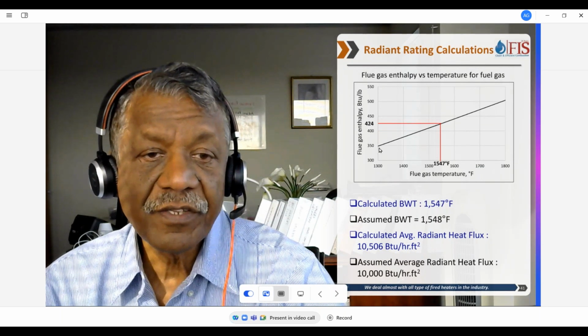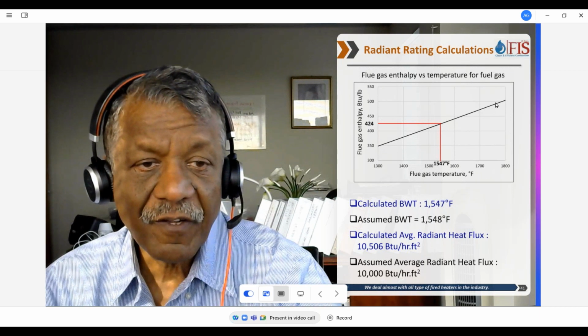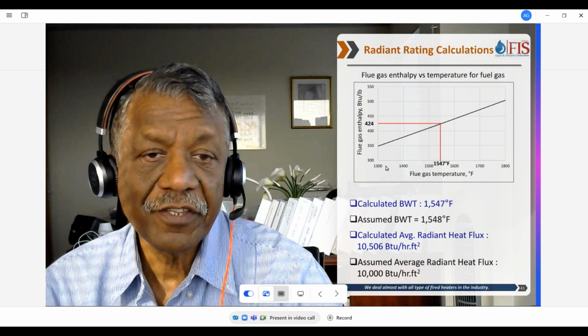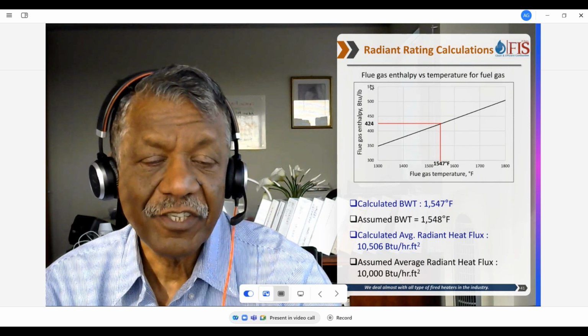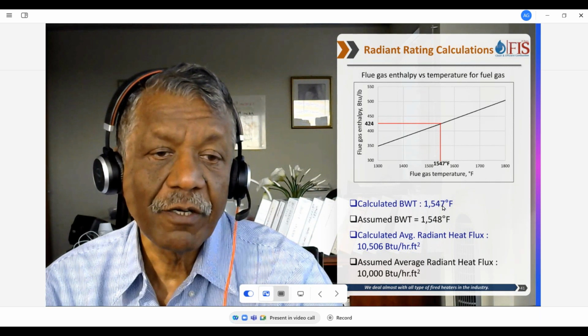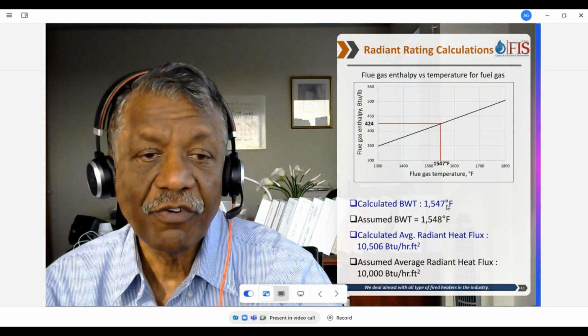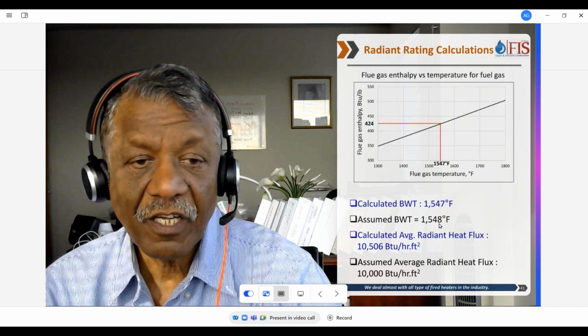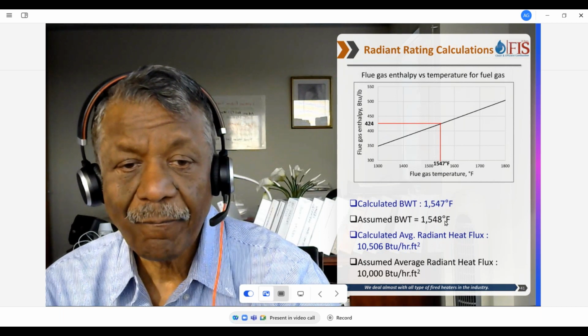And this is the flue gas enthalpy chart. This is the flue gas temperature on the x-axis and flue gas enthalpy on the y-axis, and we calculate a BWT of 1547. Assumed BWT is 1548.